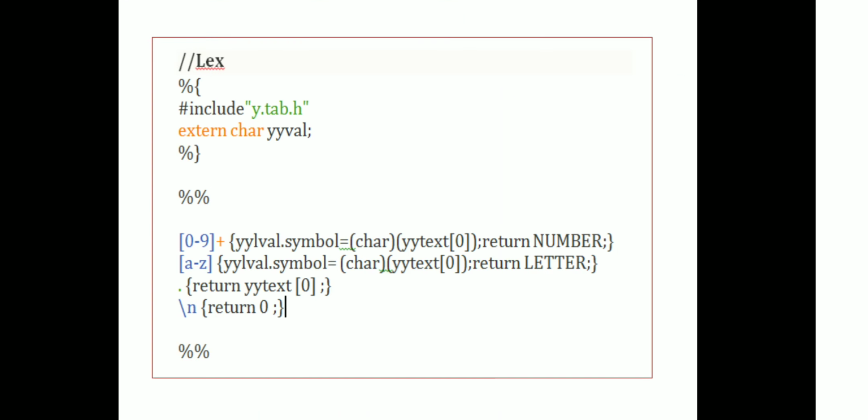While writing the Lex program, we have to follow some syntax, because any Lex program or Yacc program is divided into three main sections: the declaration and definition section, the translation rule section, and the third one, the auxiliary functions present in the program. While executing the program, we first compile the Yacc program and then compile the Lex program, because the output of the Yacc program creates the table that stores the definitions of the tokens required by the Lex program.